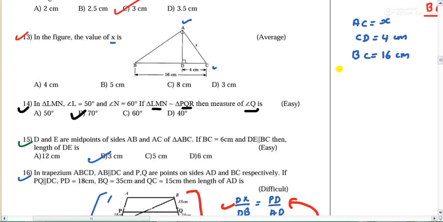If I take two triangles, see AD is common in both, isn't it? But which both? Look here. If you look at the figure first, which two triangles will be similar? First you have to write that.